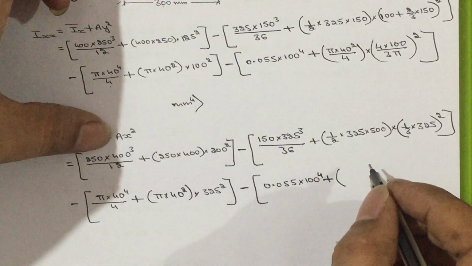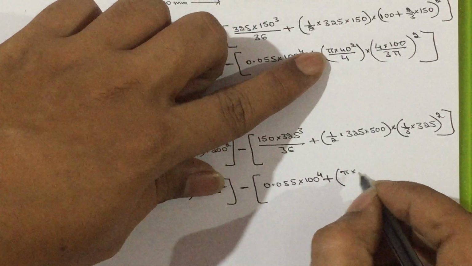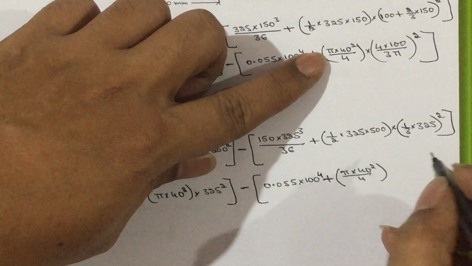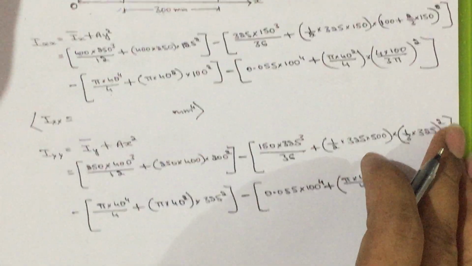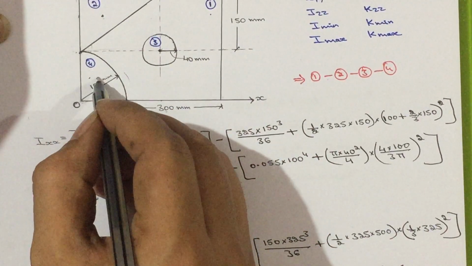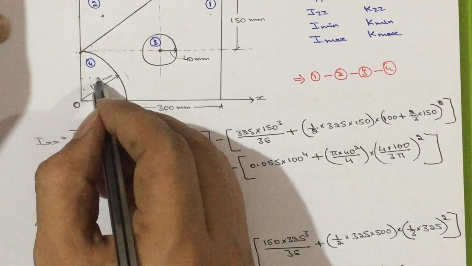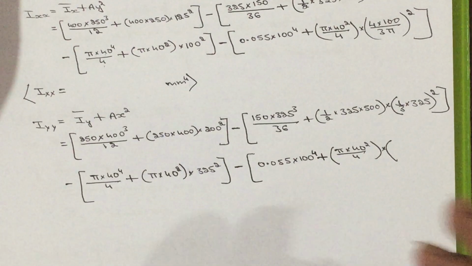plus A x square. Area is given by pi r square divided by 4, pi into 40 square divided by 4, multiplied by x square. The centroid is somewhere here. I need the distance of this centroid from the y reference axis in the x direction. From the base it is 4r by 3 pi.